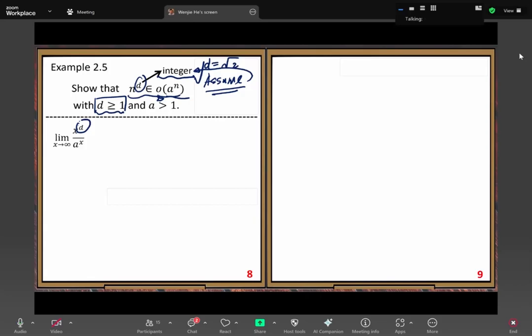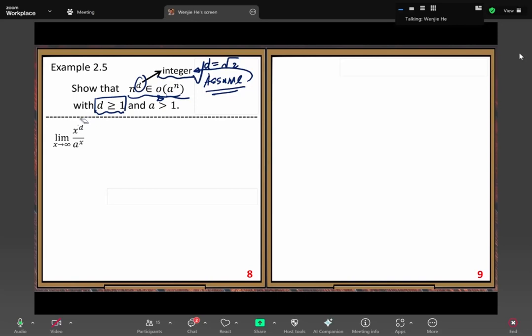For the non-integer version, we can still take the derivative, but it could be very messy. For integer d, technically we feel comfortable.